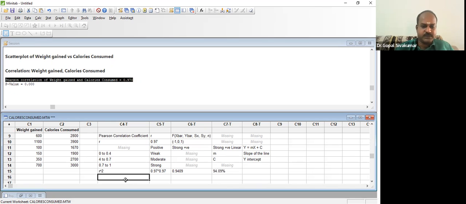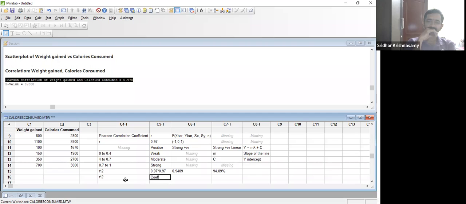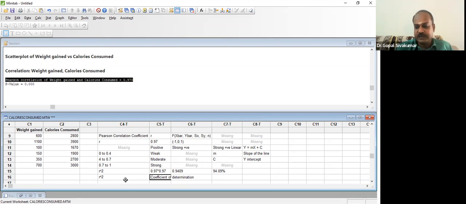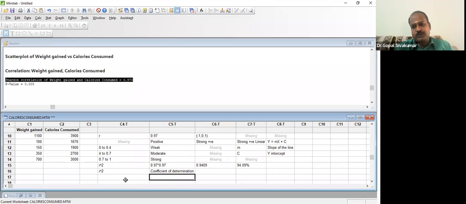This R square is called the coefficient of determination. In case your R square is very low, let's say R square is only 30%, what does it mean? It means Y is to be rectified. Why?